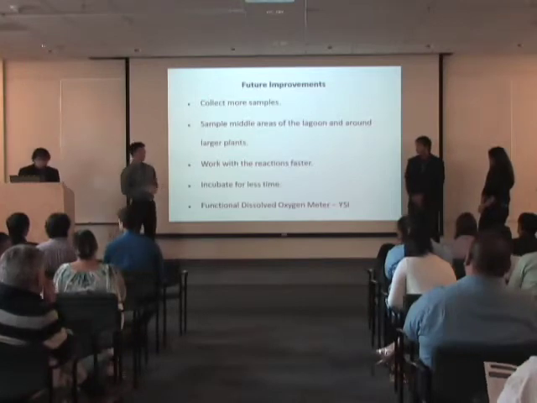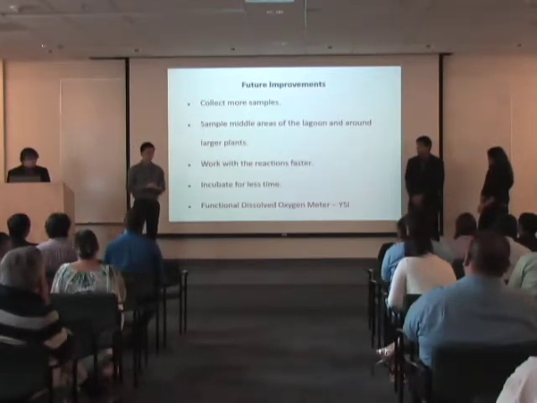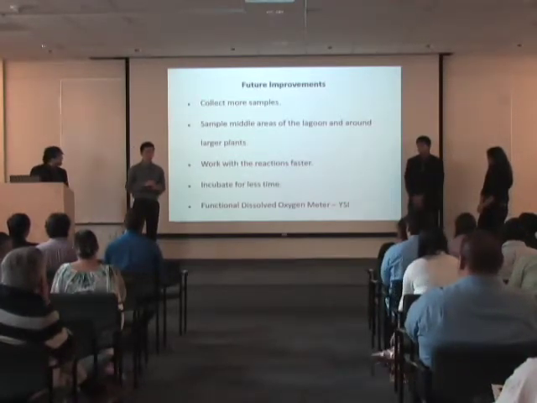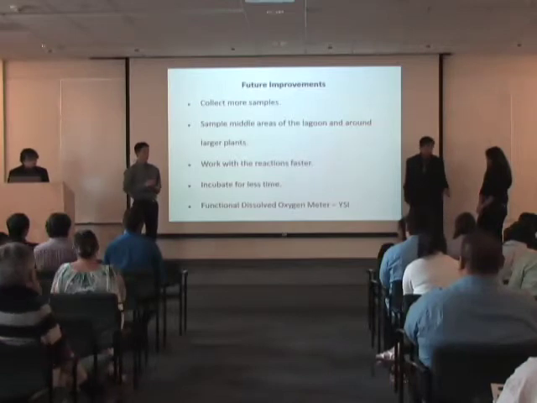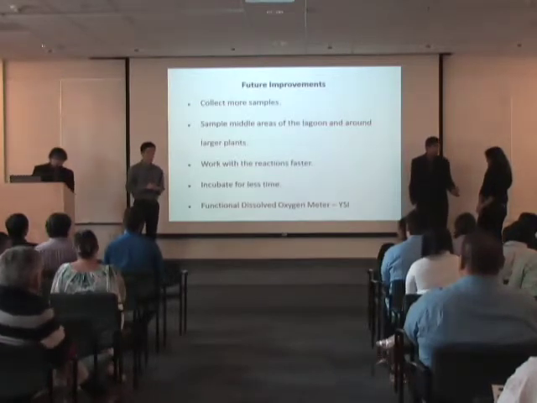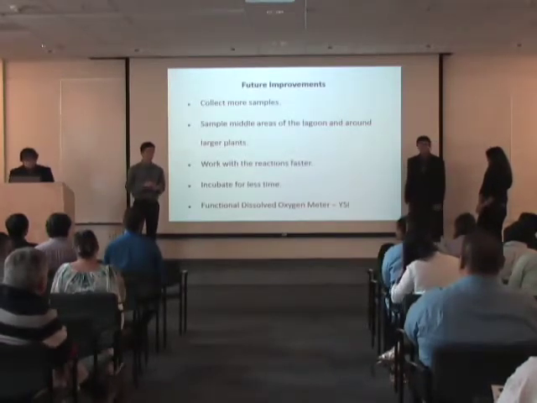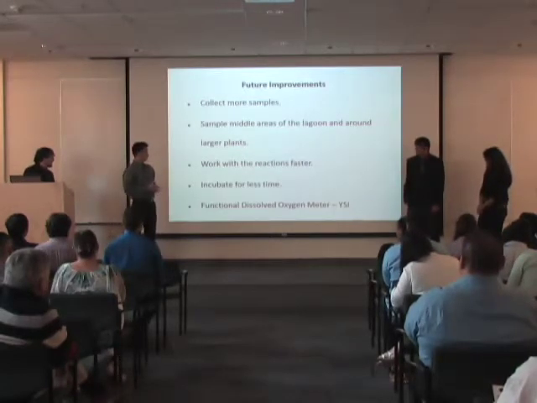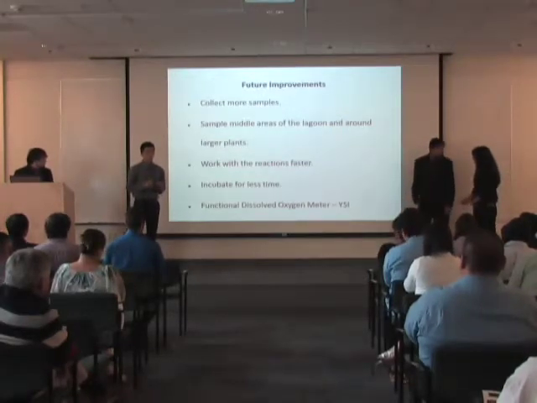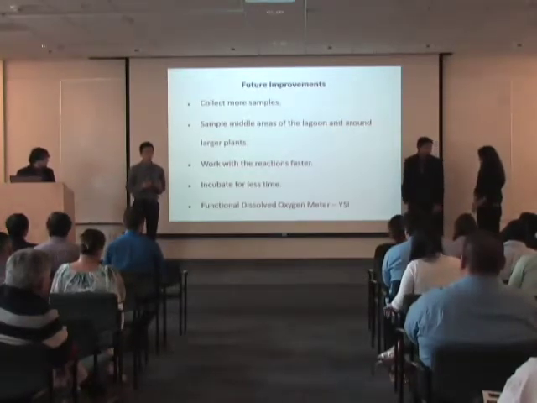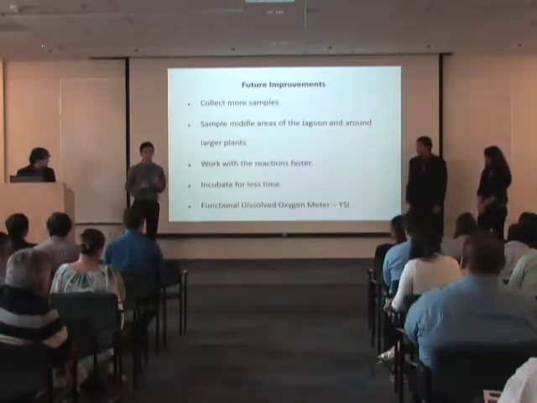And to work with the reaction faster, we need to precap the bottle immediately after we put on the reagent so that less oxygen escapes. We would also have a shorter incubation period, so that less oxygen will be lost due to overproduction of oxygen. And if we have functional equipment, we can compare our calculation with that additional oxygen reader to make our results more accurate.